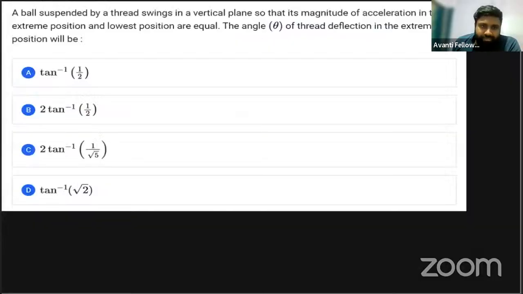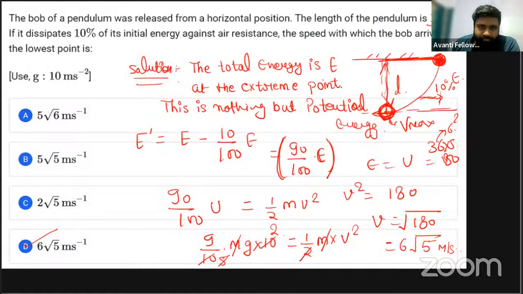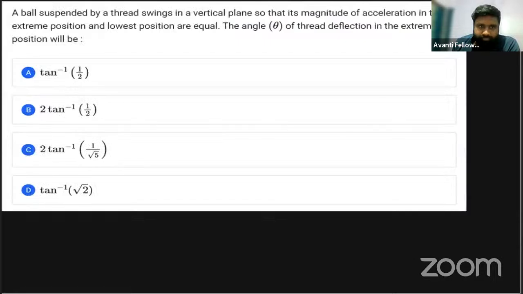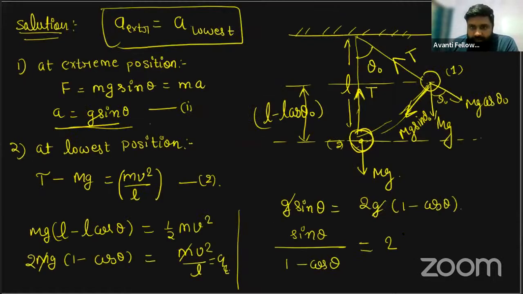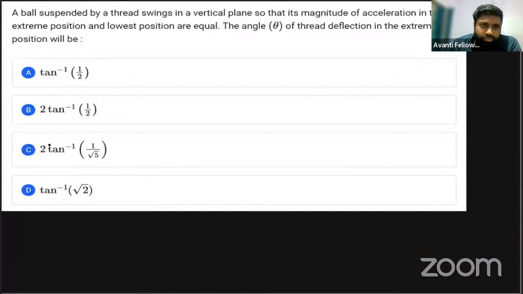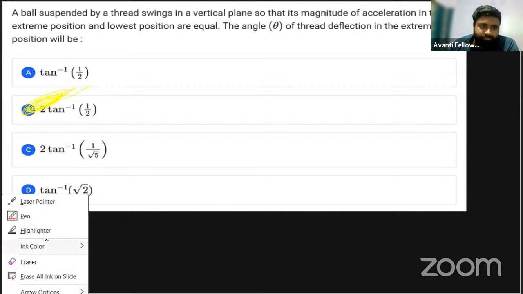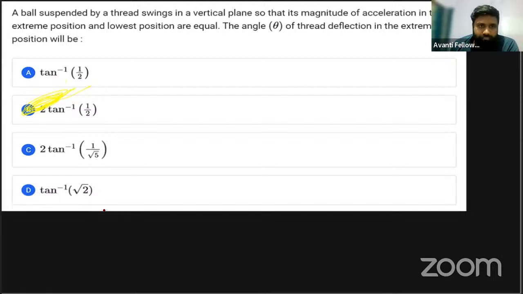So theta that we have here, from here we can say theta is 2 tan inverse 1 by 2, which means option B is the correct one. Option B is the correct one.